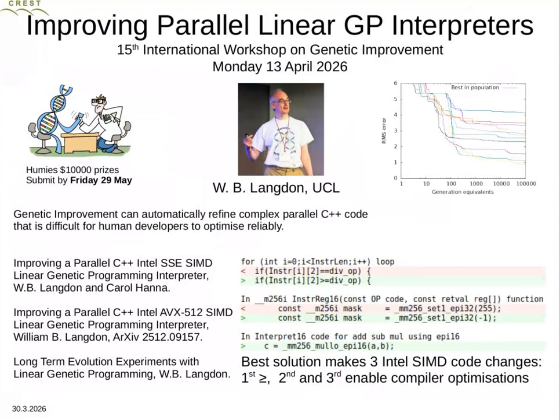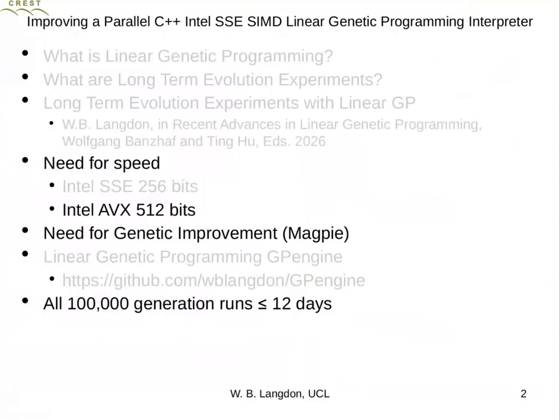I'm not going to get time to talk about all three papers, but the goal really is: why would we want to look at vector instructions? Essentially, we want to speed up a long-term linear GP experiment. It turns out that the SSE 256-bit and AVX 512-bit instruction sets are very complicated.